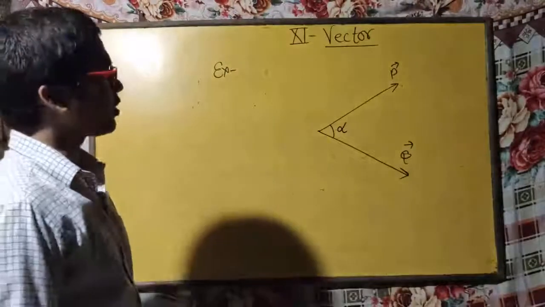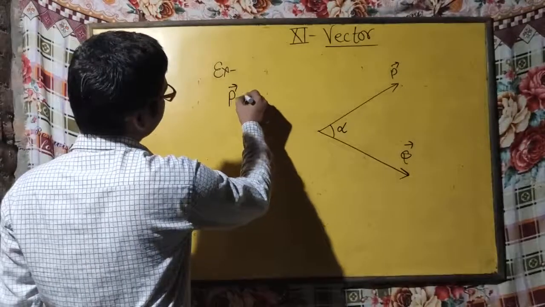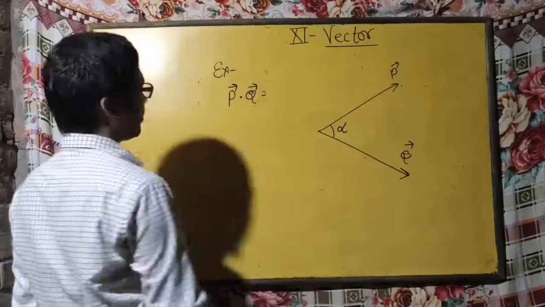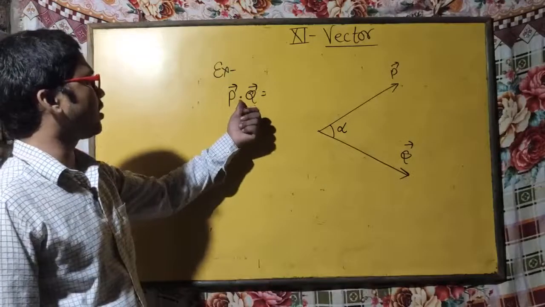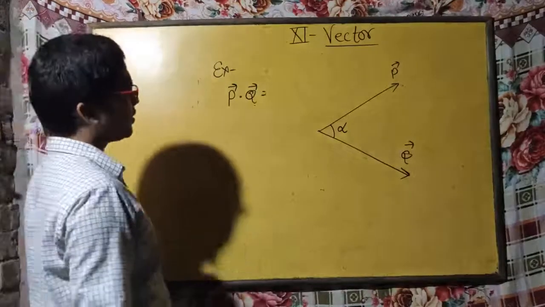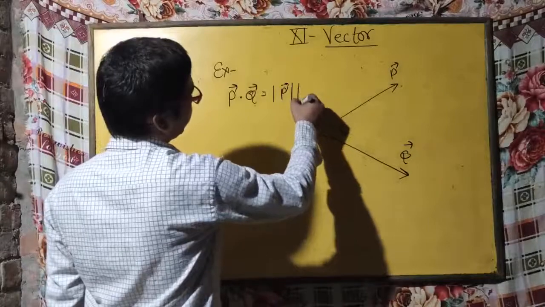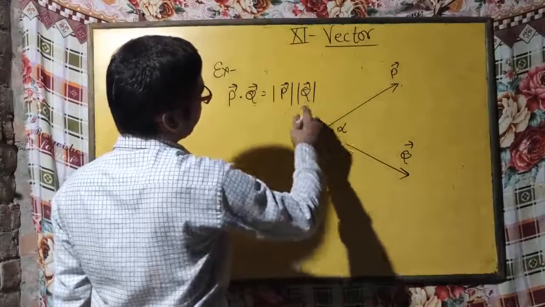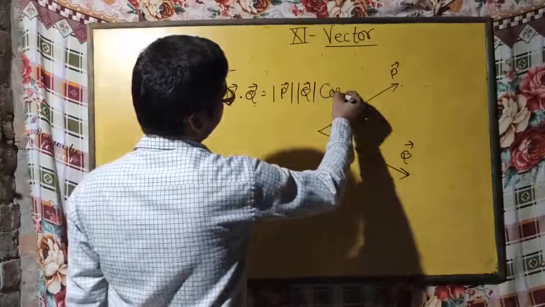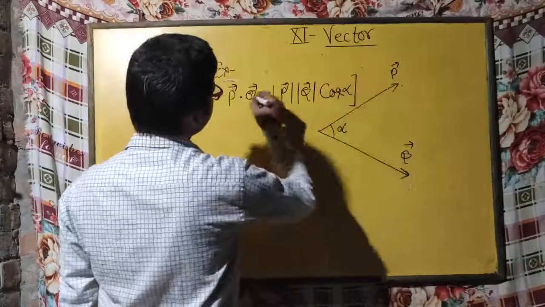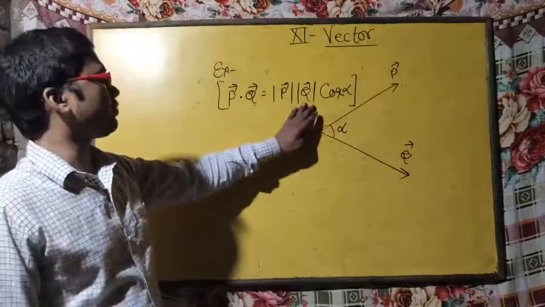Then their scalar product is given by P dot Q. Now you can see these two are vectors, and we read this as P dot Q, and the answer will be magnitude of P, then magnitude of Q, and then cos of the angle between them. So this is the final answer for the scalar product of two vectors.